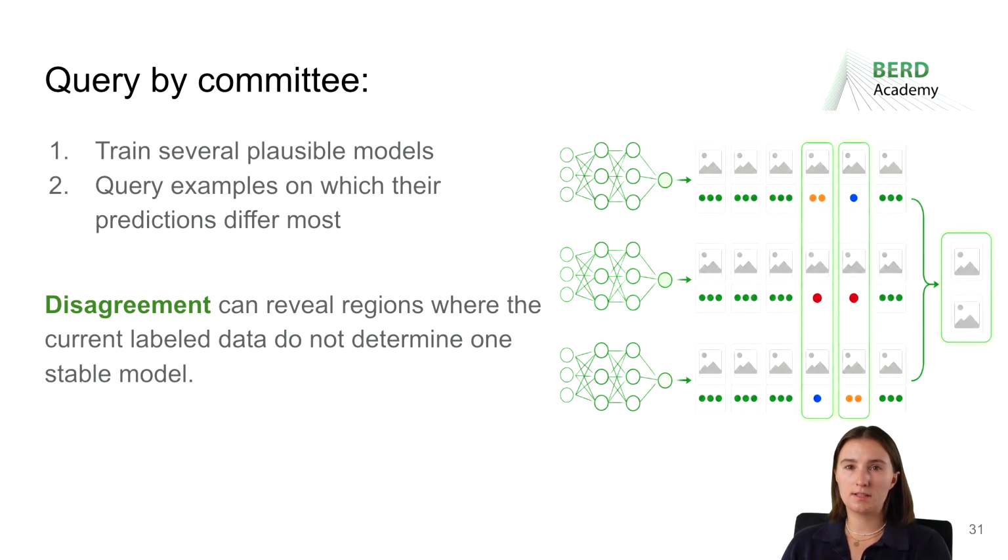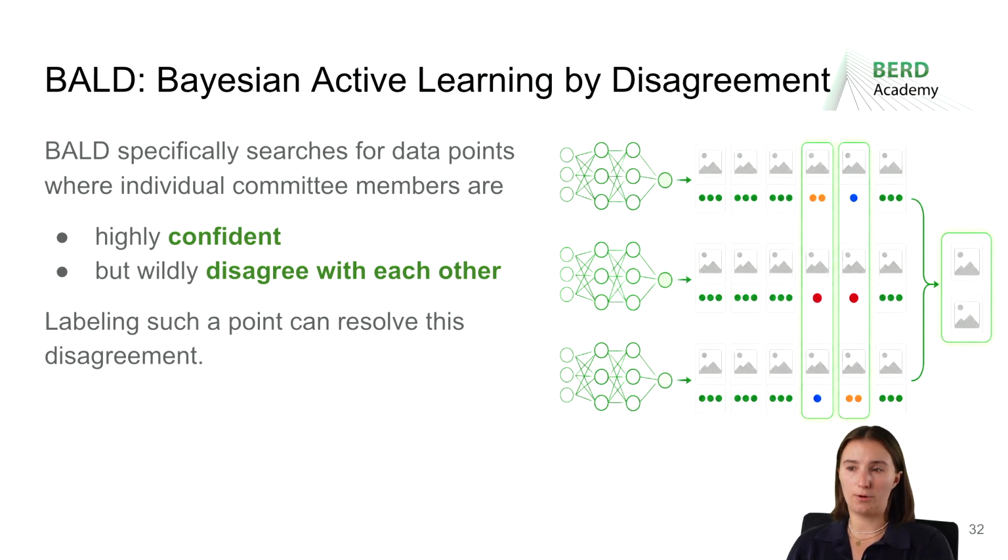There is a slight change to this method, which is called Bayesian active learning by disagreement, where we do not only consider the disagreement of the models, but also consider where models are highly confident, because the so-called BALD, Bayesian active learning by disagreement, specifically searches for data points where individual members are both confident and they disagree with each other.